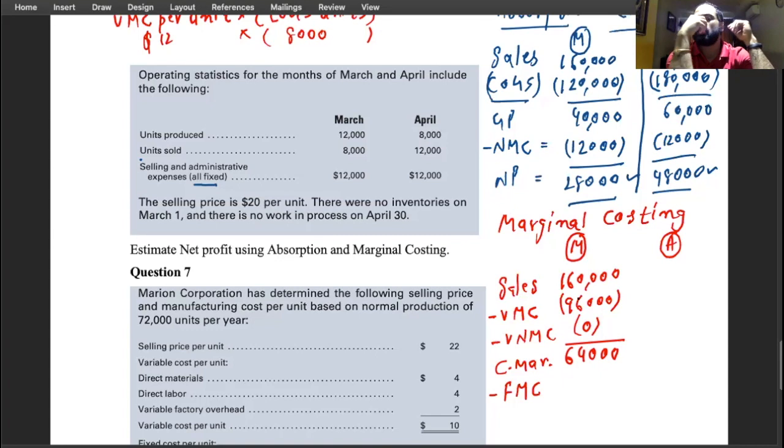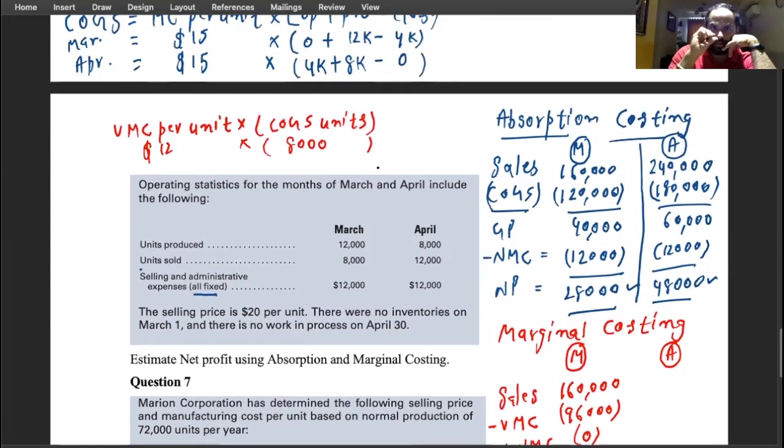$24. How did you calculate 24? 8 multiplied by 3. Let me check. No, it will not be 8 multiplied by 3.